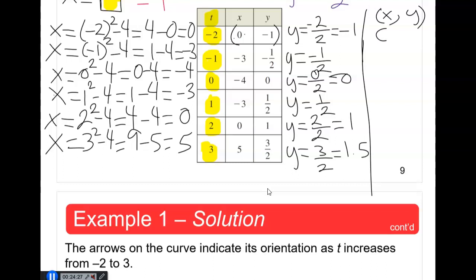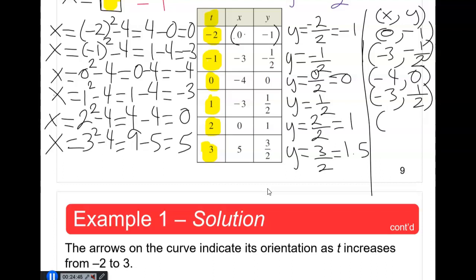So we're going to have 0, -1, we're going to have -3, -1/2, and we're going to have -4, 0, and we're going to have -3, 1/2, 0, 1, and 5, 3/2.